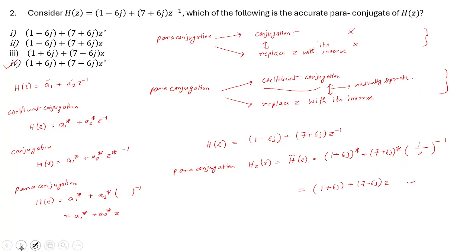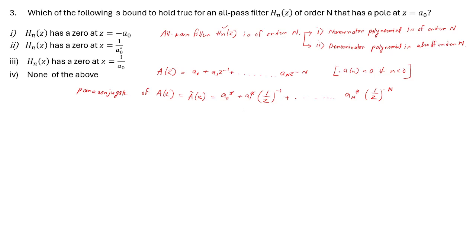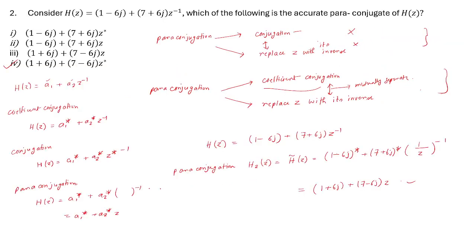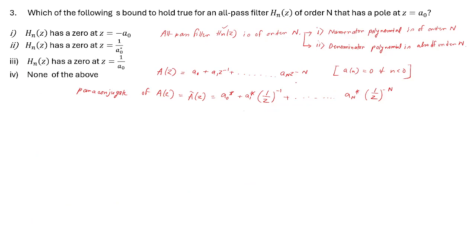Okay, big mistake from my side. So we get paraconjugate of A of Z as A tilde of Z. Actually here also, anyway I have written H tilde of Z. So A tilde of Z, you have a complex conjugate of coefficients and replace Z with Z inverse. So what you obtain as a result is this.